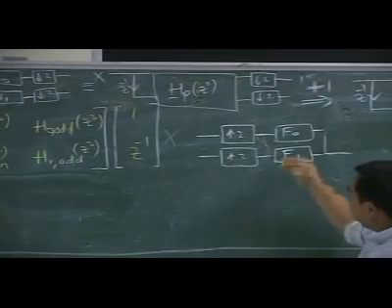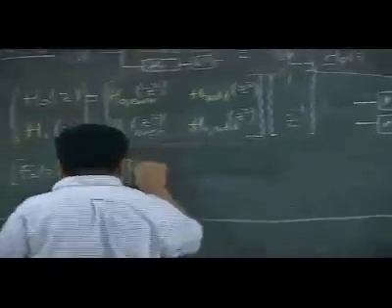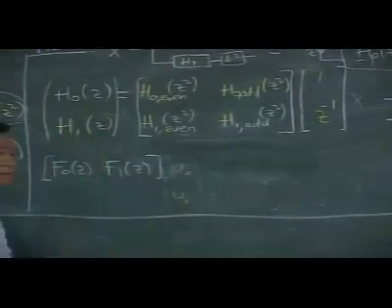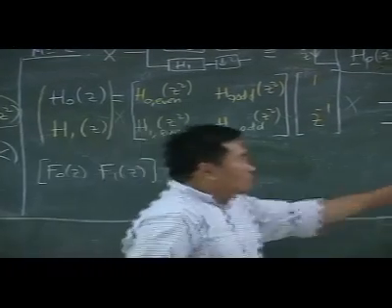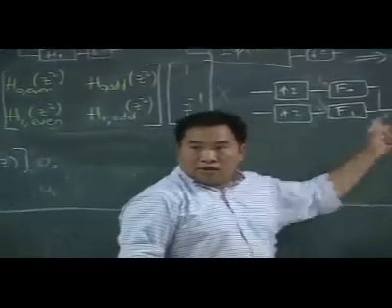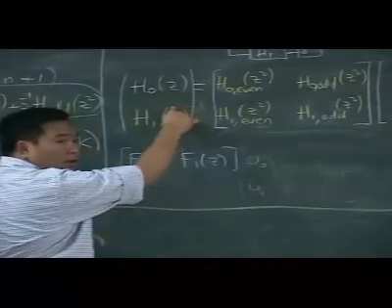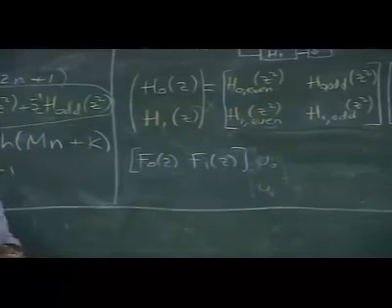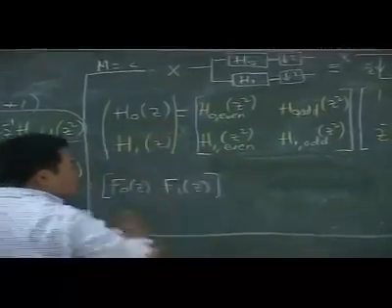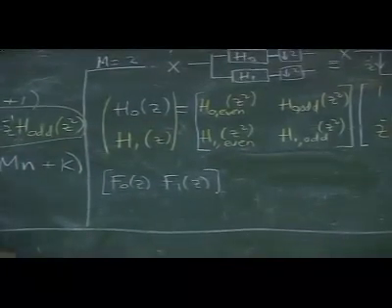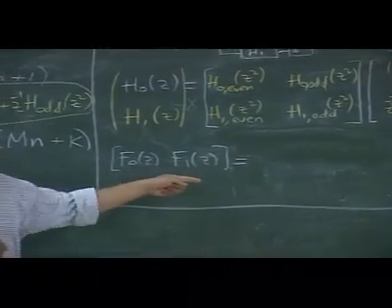If I imagine that this is U0, U1, then it's basically U0, U1, and that product F0 U0, F1 U1 would give me the output Y. So instead of decomposition, from 1 to 2, I want to go from 2 to 1. The transpose form. Is that clear? That's why we have a row vector instead of a column vector.